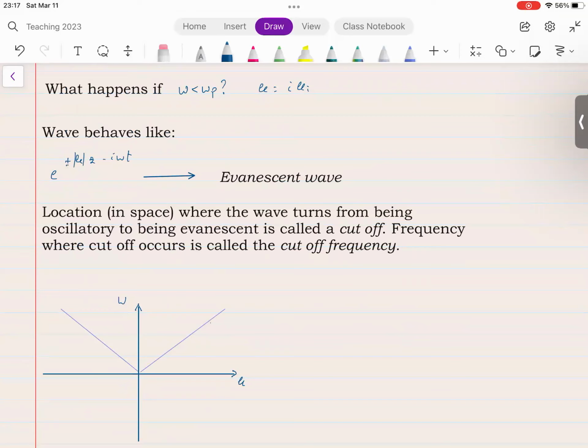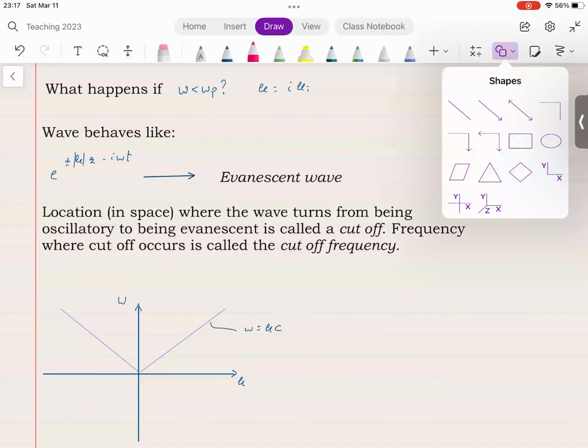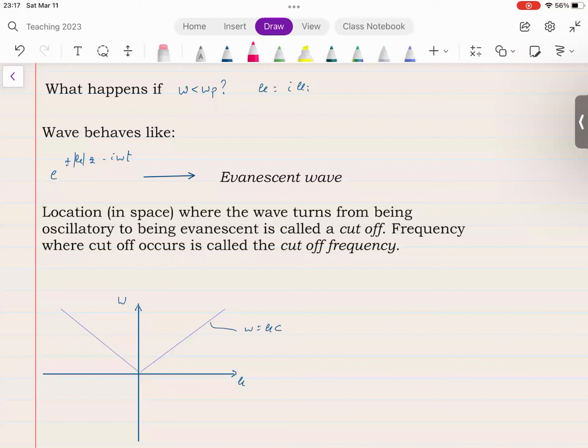This curve is the curve omega equals kc. That's what happens up here.